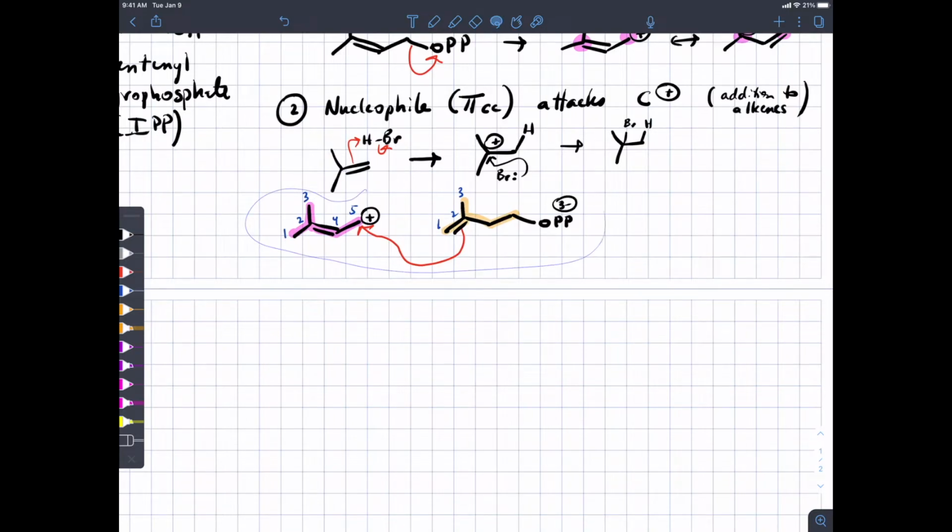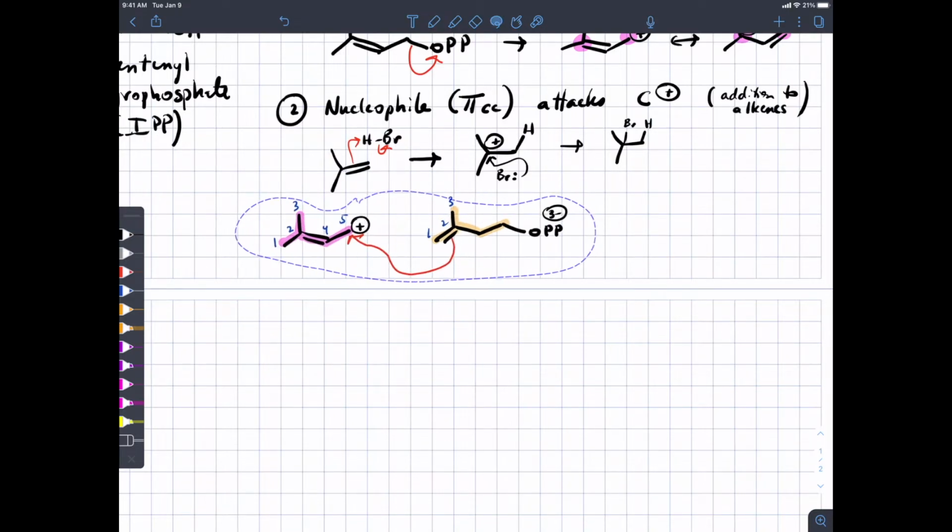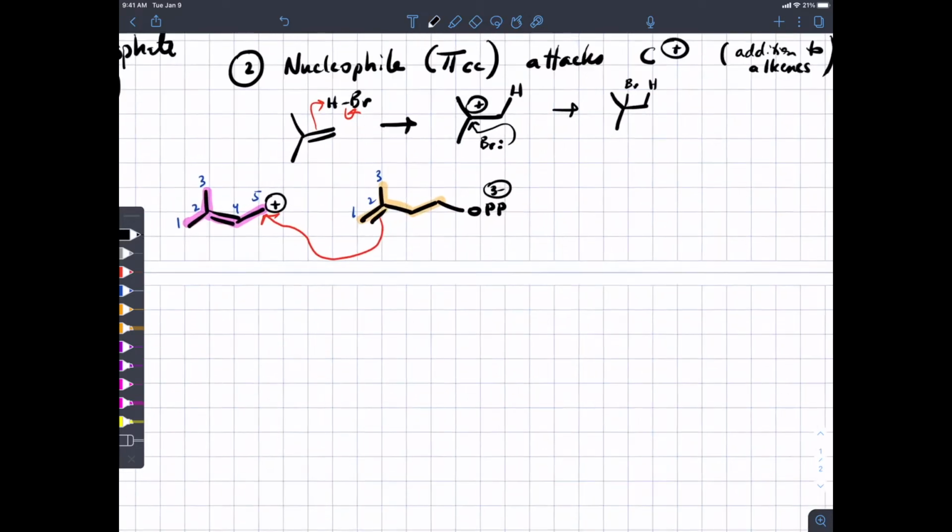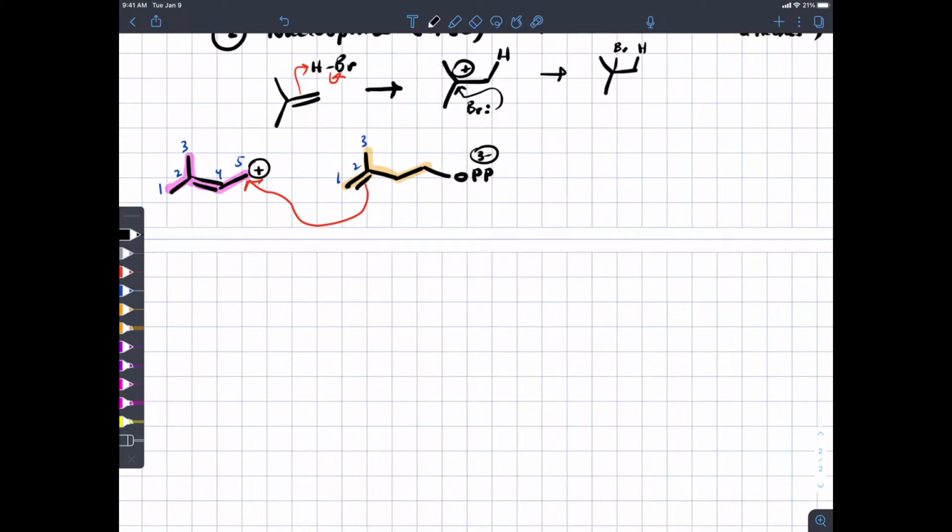Which do you think of those atoms, orange 1 or 2, gets the new bond with pink carbon 5, and which one gets the positive charge? So here's my orange subunit. Here is the new bond I made. The question is, who gets it?